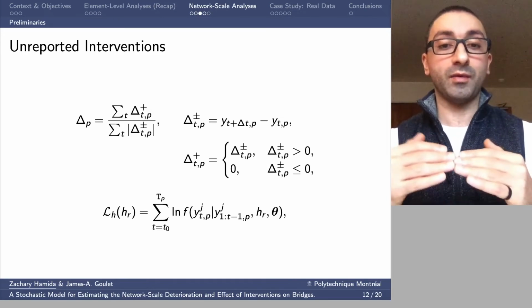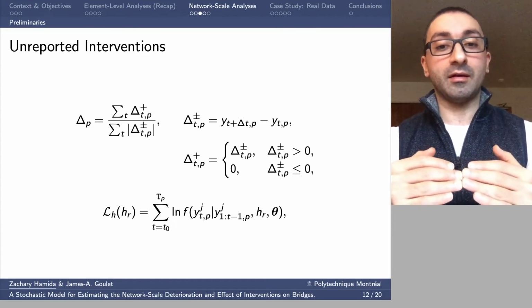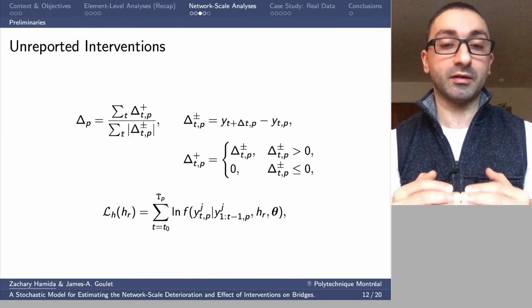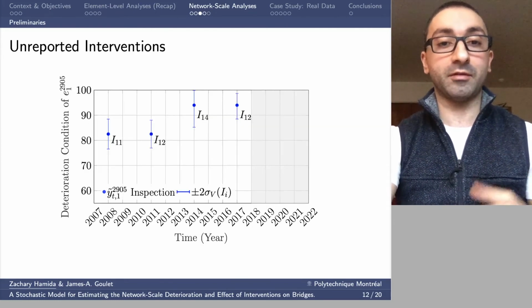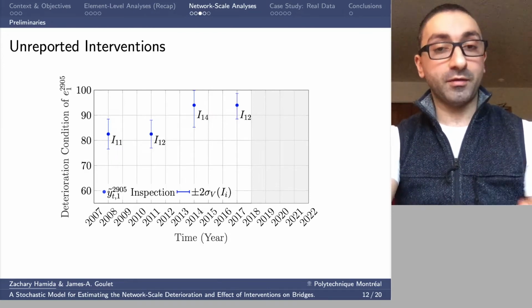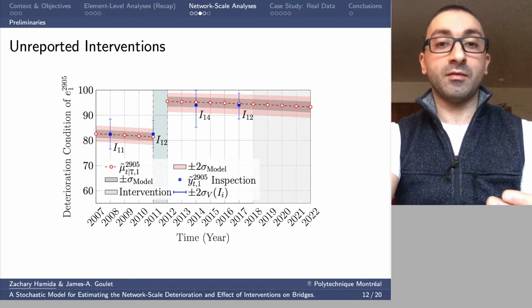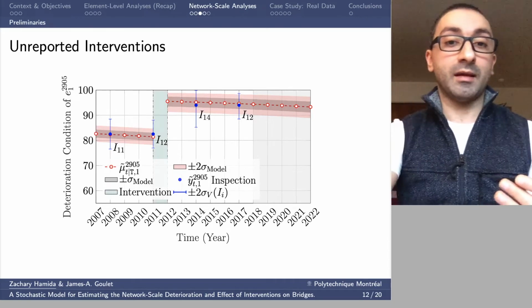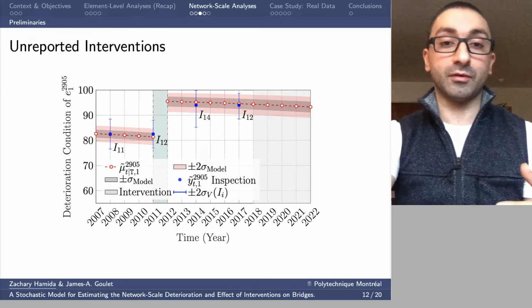At the end, we choose the intervention whose effect maximizes the log likelihood on one structural element. So based on these criteria, for the same case, we get that there is an intervention in 2012, and that the effective intervention is modeled as follows.